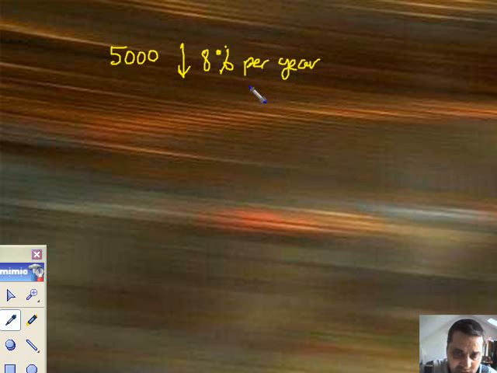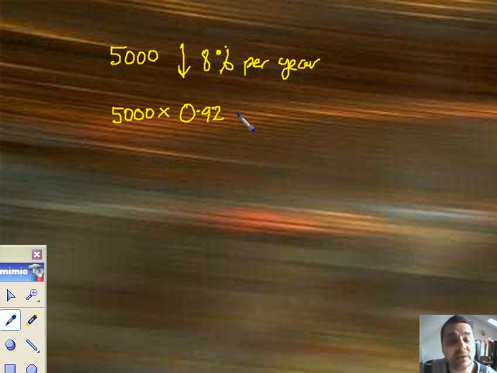Right. Then it asks me some questions. How many trout are expected to be in the lake after 2 years? Well, I'm going to take my 5,000 trout, multiplied by, if I'm going down by 8%, I've got 92% still sitting there. So multiply by 0.92. That's 1 year. Now my second year, multiply by 0.92 again.